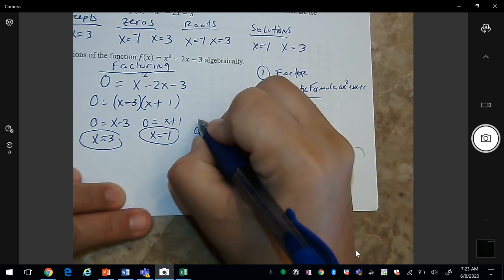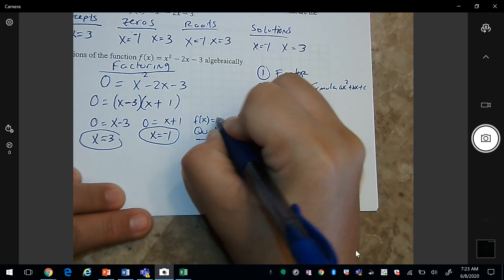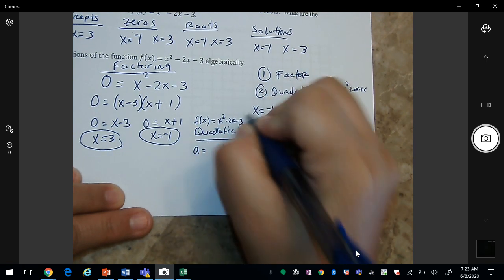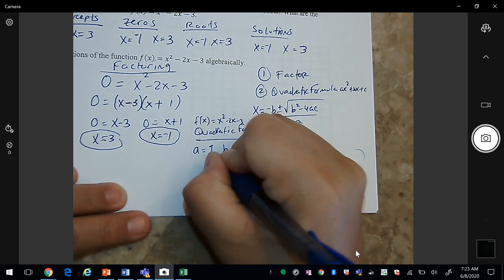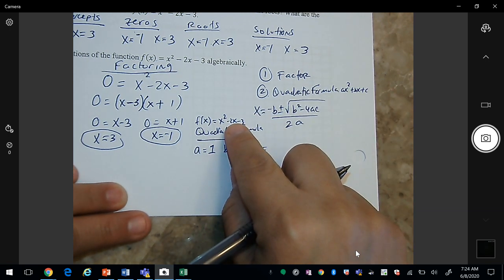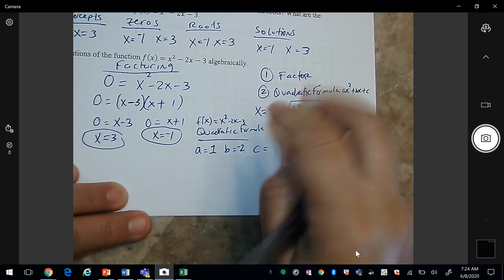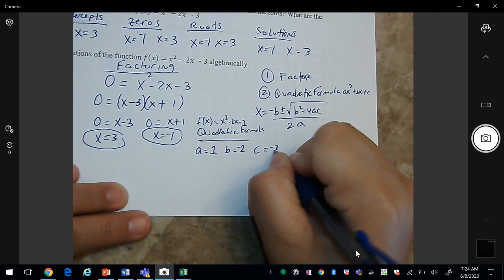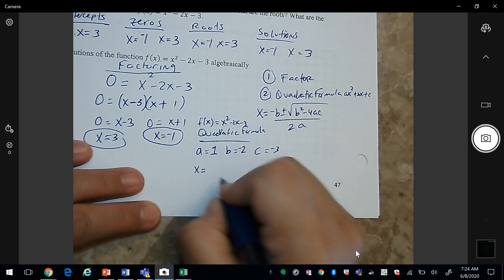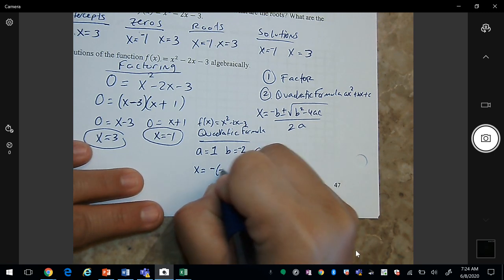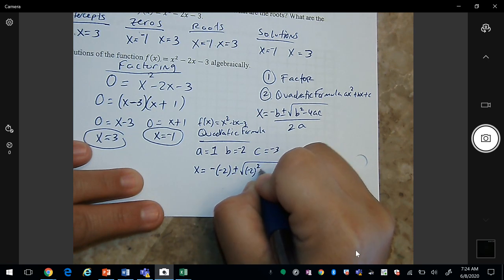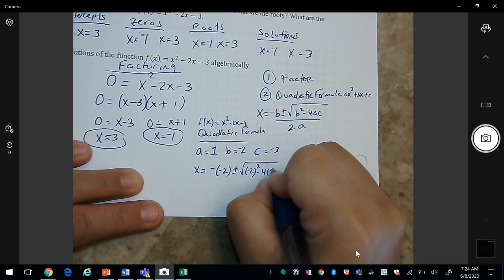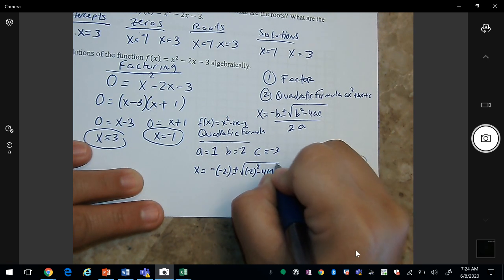In our equation, the number in front of x² is always going to be a. In this case, a is 1. b is the number in front of x, in this case -2. And c is your constant. So we plug that information in. Negative b is 2, plus or minus the square root of (-2)² minus 4 times a times c.